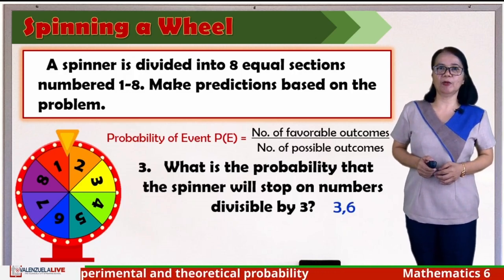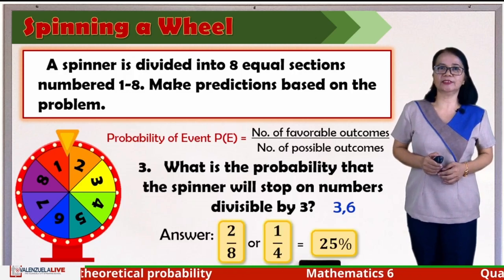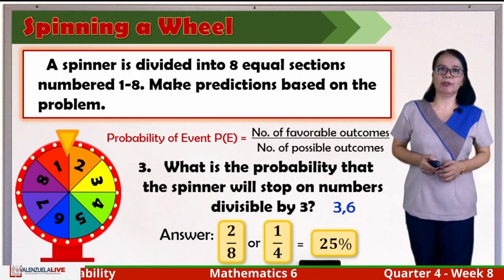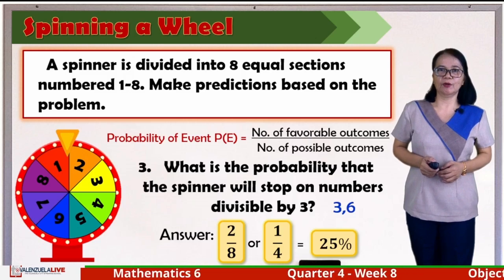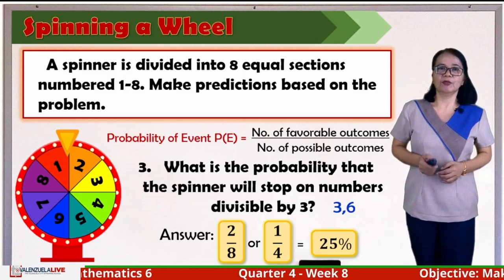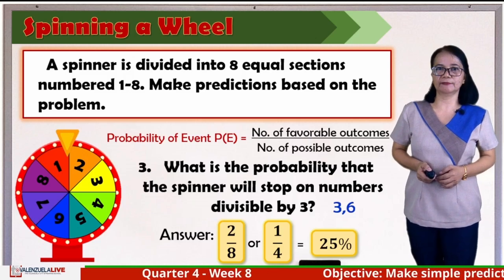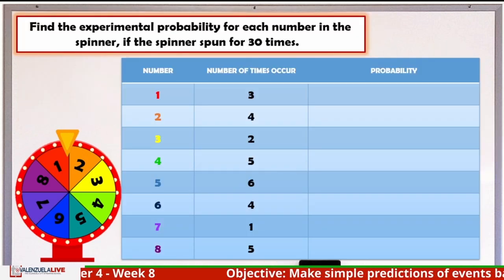How many favorable outcomes? Correct, it's 2. The probability that a spinner will land on numbers divisible by 3 is 2/8, or 1/4, which is also equal to 25%. How about if the spinner is spun 30 times?